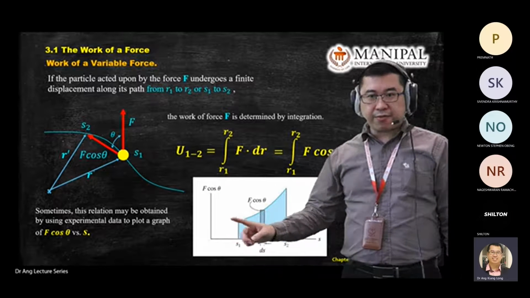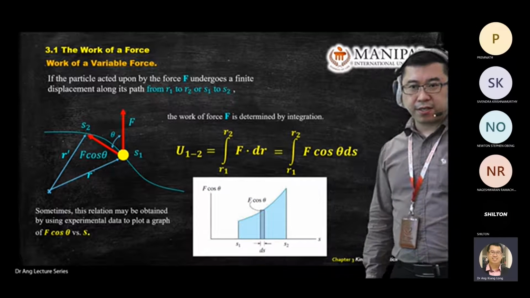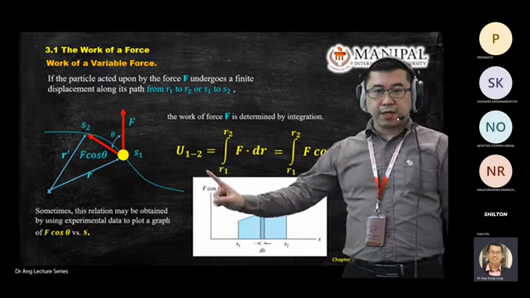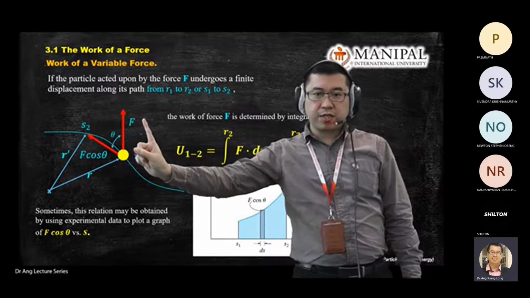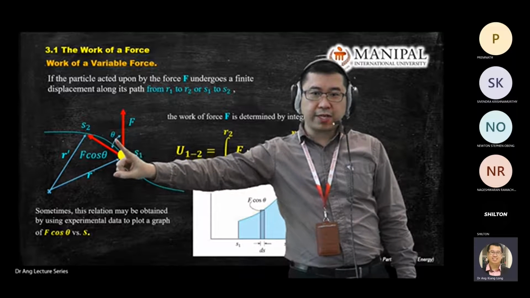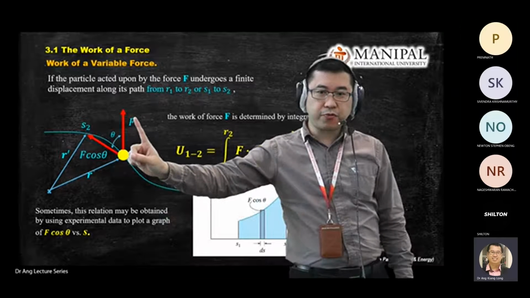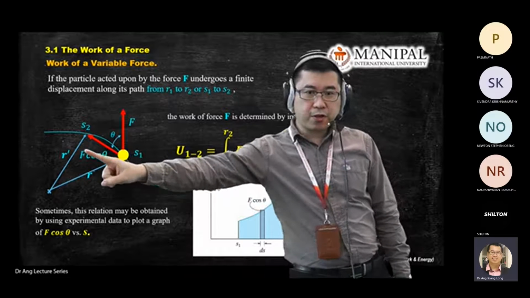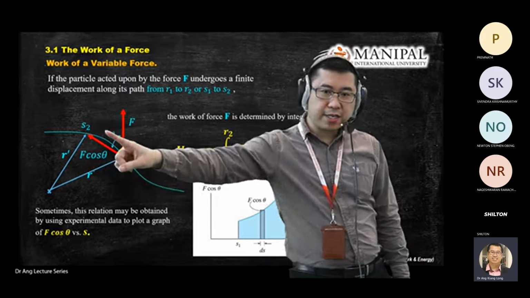If you plot the graph of F cos theta against s, it means you change your angle, you align your force according to the direction of your displacement. That is the definition of work, because once your force and displacement are aligned, in the same direction, you generate work. So the component that generates work is force cos theta and the ds here.